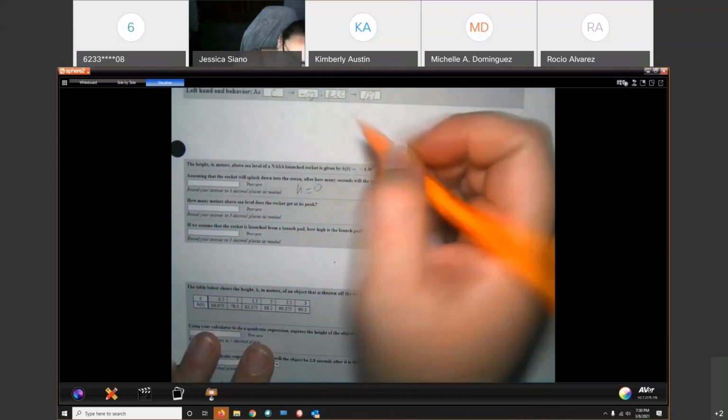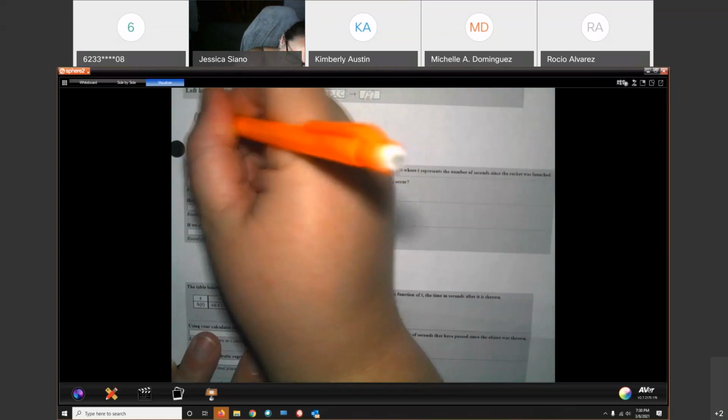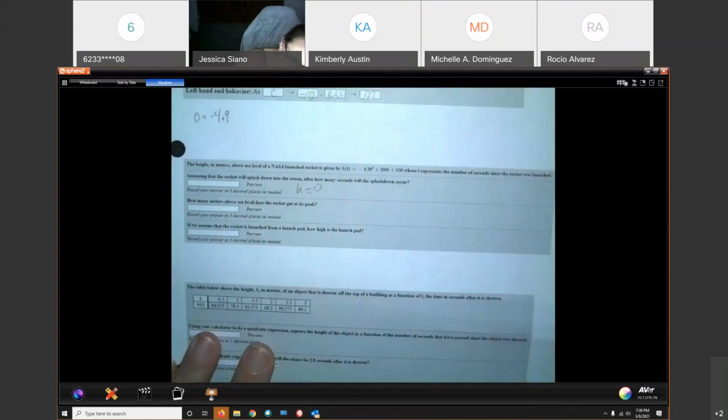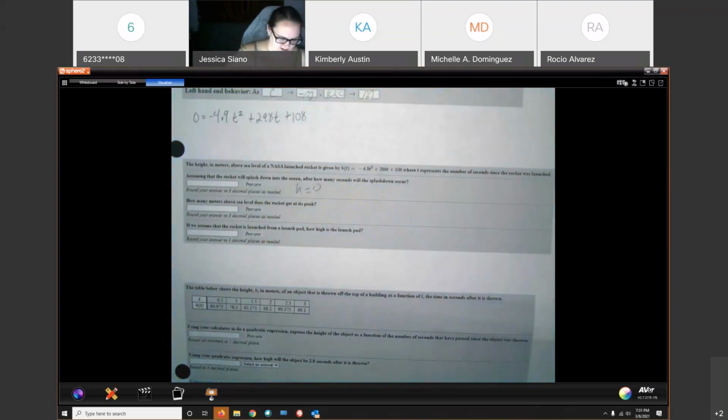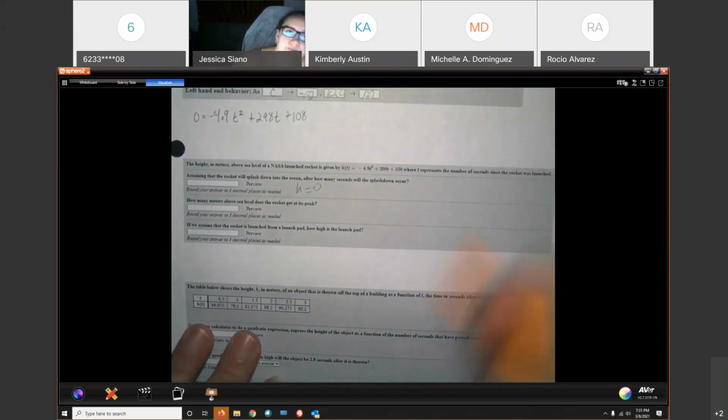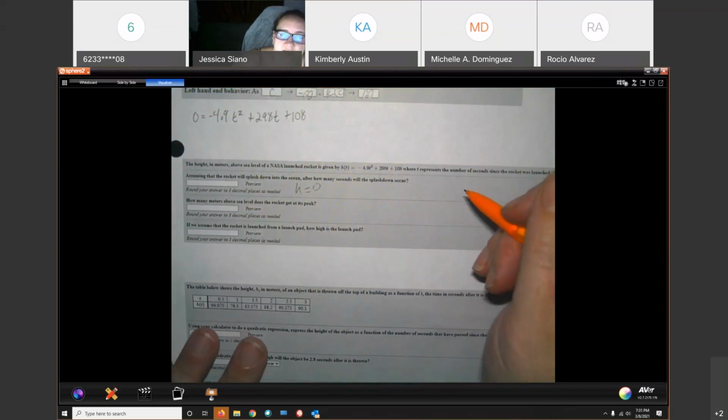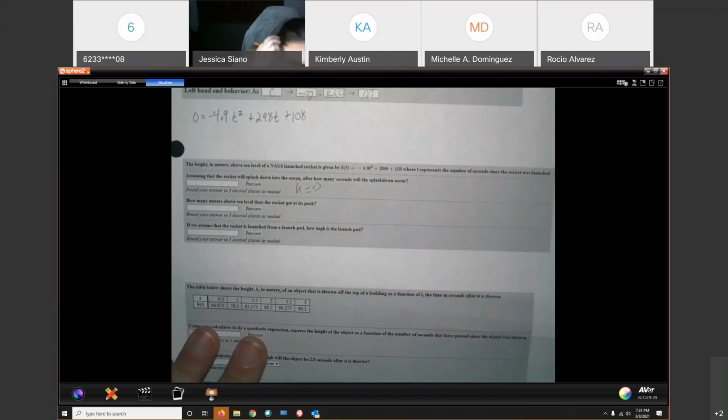So then this would be 0 equals negative 4.9 T squared plus 298 T plus 108. And so I'm going to use the quadratic formula on this one.